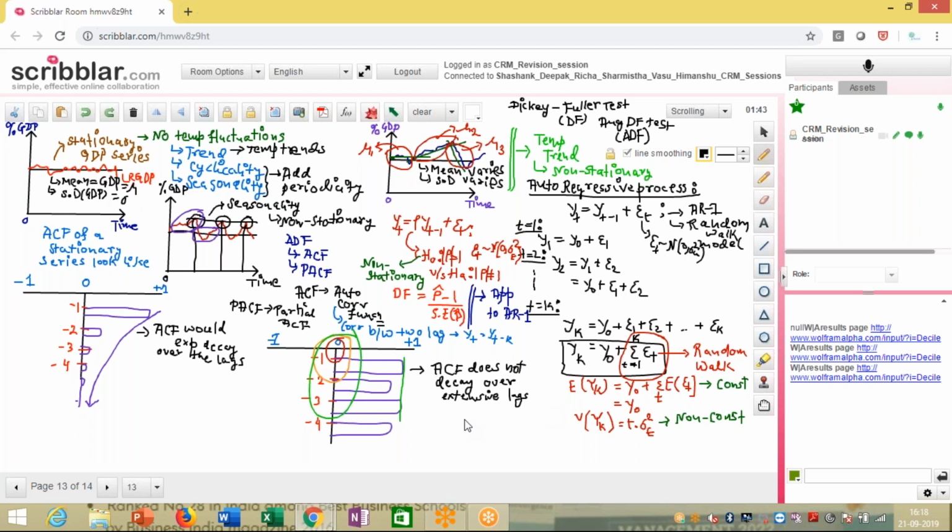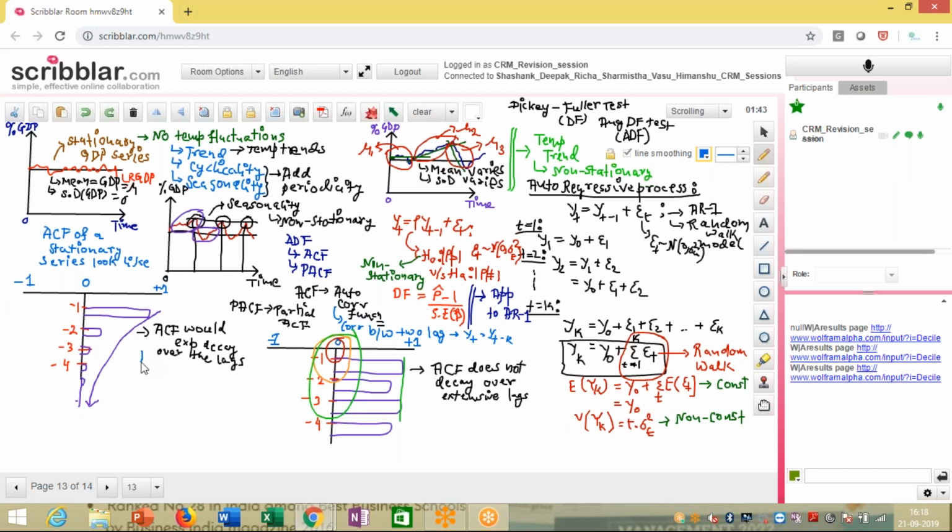Tanmay was just explaining how the two graphs would look in the case of a stationary time series and in the case of a non-stationary time series. The left hand side, which is showing the ACF, has an exponential decay over the lags. So this pattern is for the case of a stationary time series.